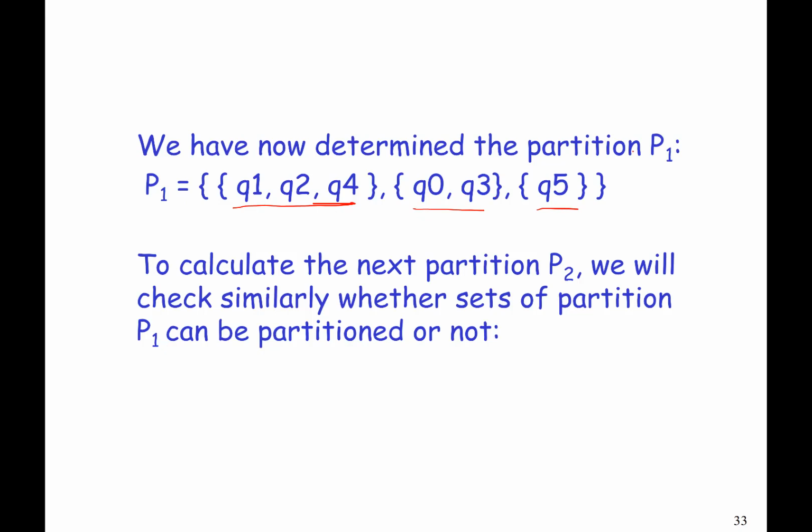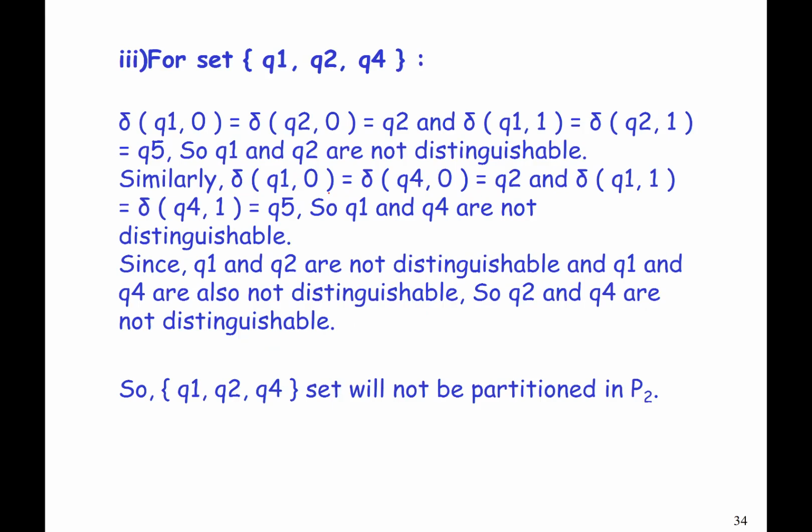So we start the same process again for P2 to see if any further partitioning could be done from P1. So we have to start all over again from this group. So we look at Q1, Q2, Q4 and see if they are distinguishable.